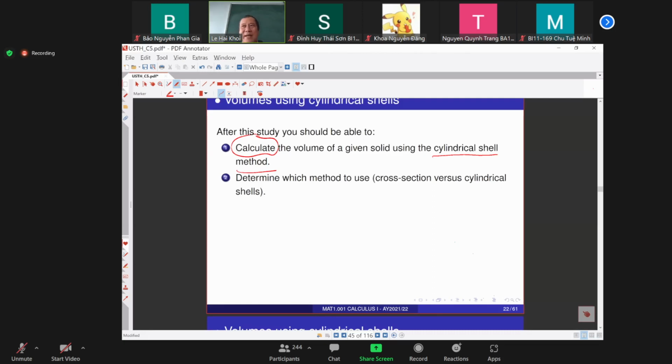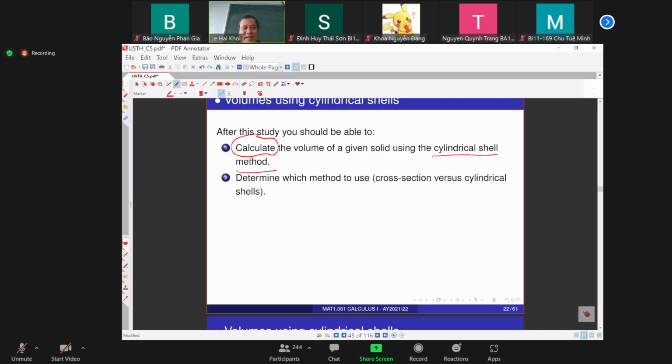And for many problems, you can use both methods to compute the volume. And mainly they are at the same level of difficulty. However, there are cases where, if you use cross-section or cylindrical shell, your computation is simpler than with the other method.